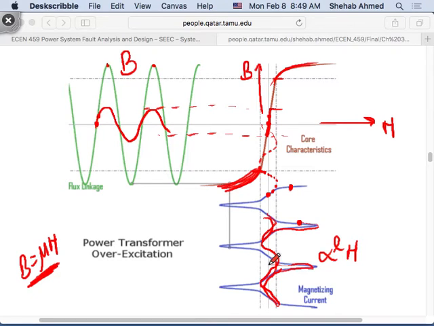So what does this mean in terms of power quality? Is this a pure sine? It's not. Then it has harmonics. Anytime it's not a sine, it has harmonics. So the excitation current of the transformer will have harmonics, and you have to make sure you deal with that. Is it acceptable or not?